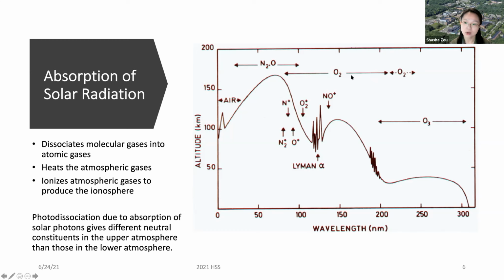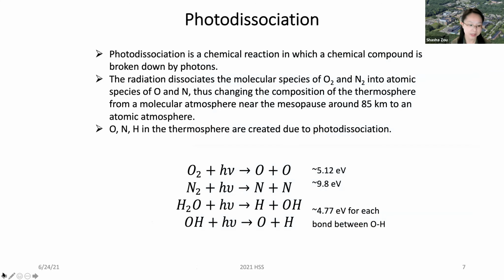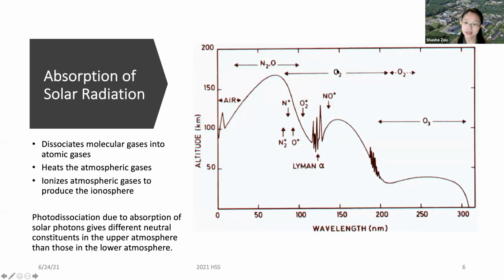So the location of this, or I should say the span of those arrows, indicates that those solar irradiance, or the radiation or the photons, can be absorbed by the neutral atmosphere.